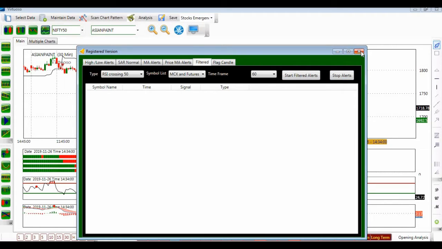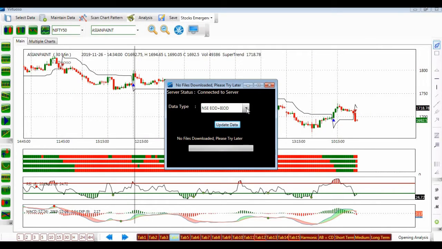So this is again an alert window where you can find stocks automatically which are coming into a particular study. For example, if you have not used this software for 3 days, and you select this and press update data, it is going to update the past 3 days of data to your chart.